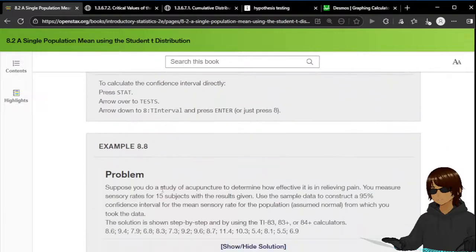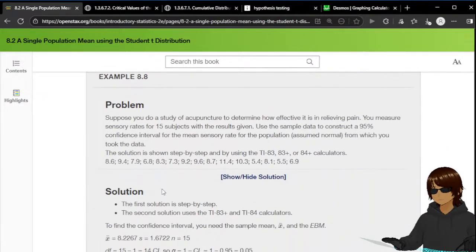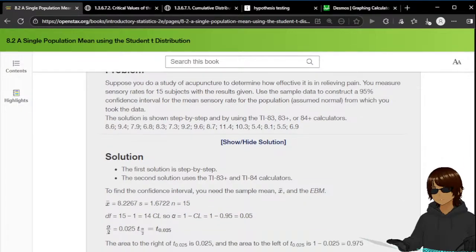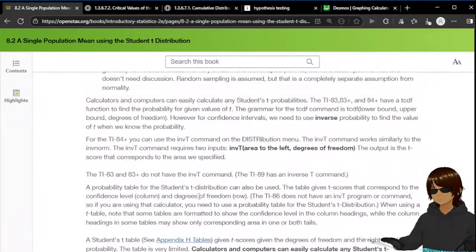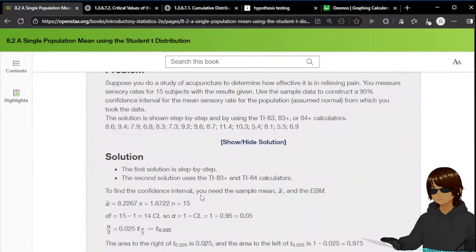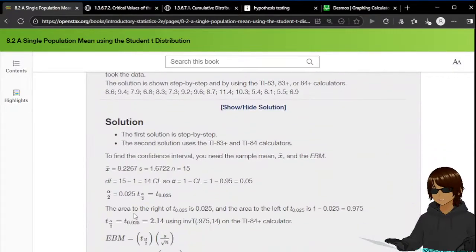But the thing is, how do we find T alpha over 2? 0.95. Alpha over 2 is 0.025. T 0.025. The area to the right of T 0.025.